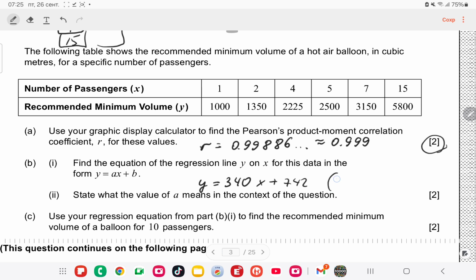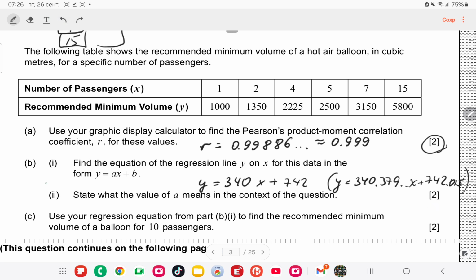It's also possible to answer in a more precise way, 340.379, but my suggestion is to use 3 significant figures. It's enough.